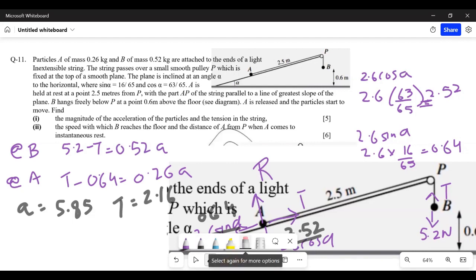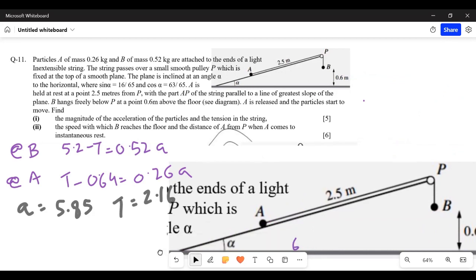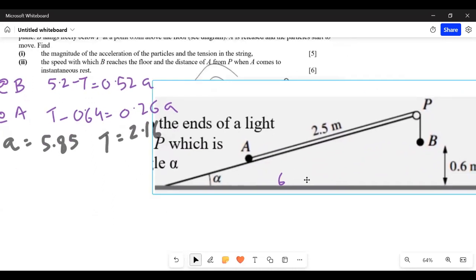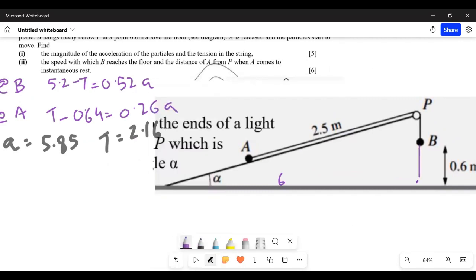So we need to keep the acceleration in mind. The speed with which B reaches the floor, that's straightforward. B reaches the floor after covering a distance of 0.6 meters, so S is going to be 0.6.